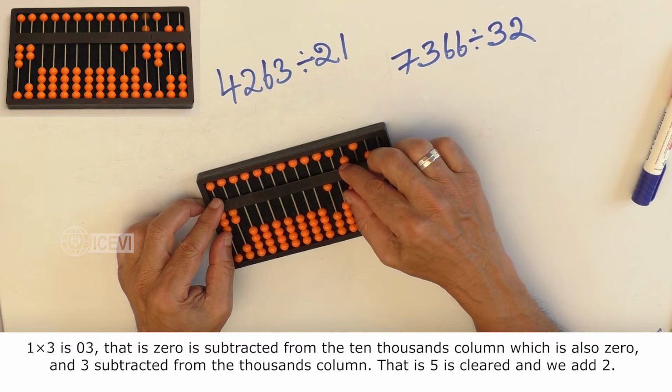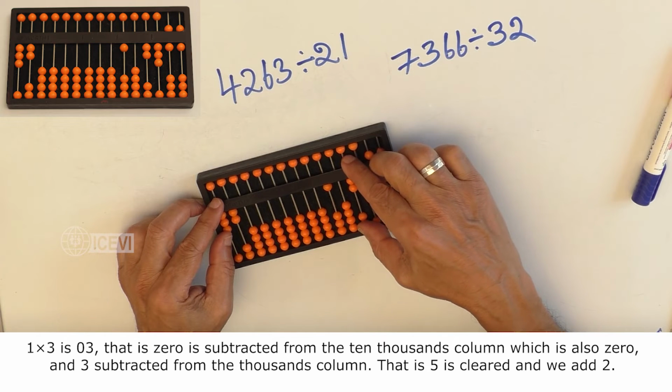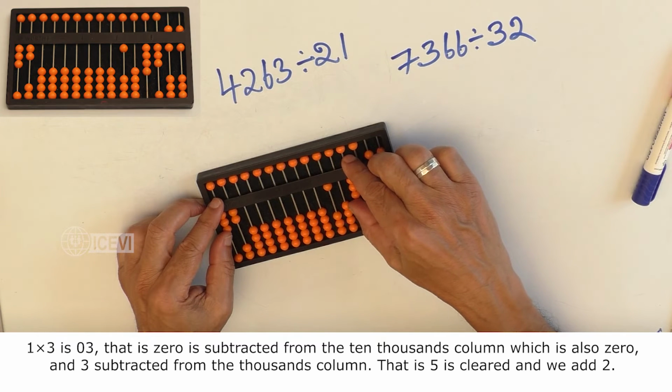That is, clear 5 in the upper abacus and add 2 in the lower abacus.